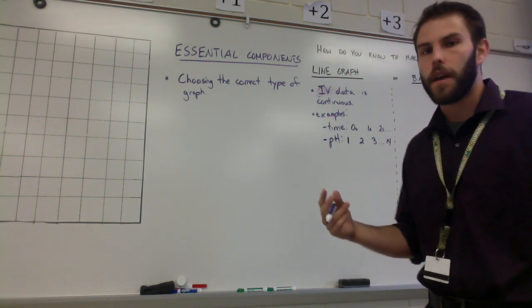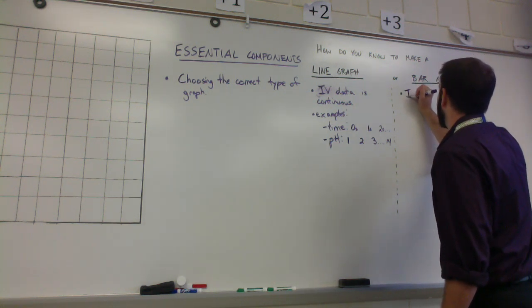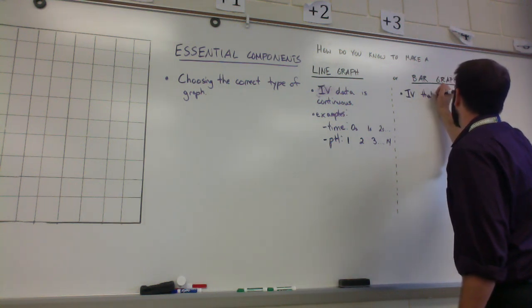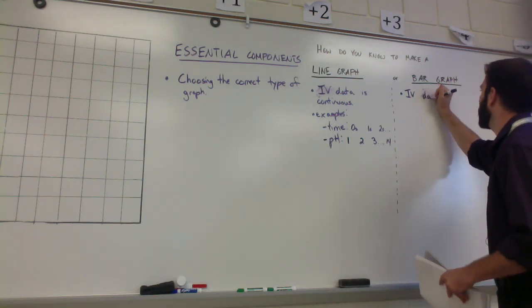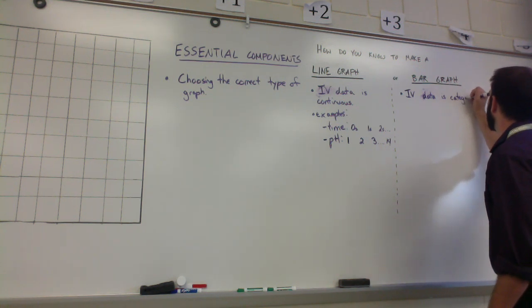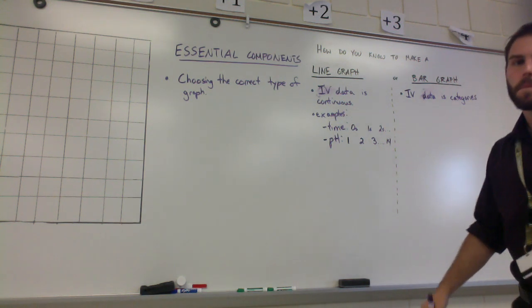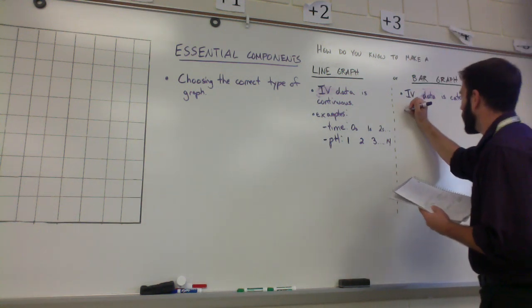For a bar graph, that's when we're going to be working with data where our independent variable is categories. So what do I mean by that? Let's look at a couple examples.